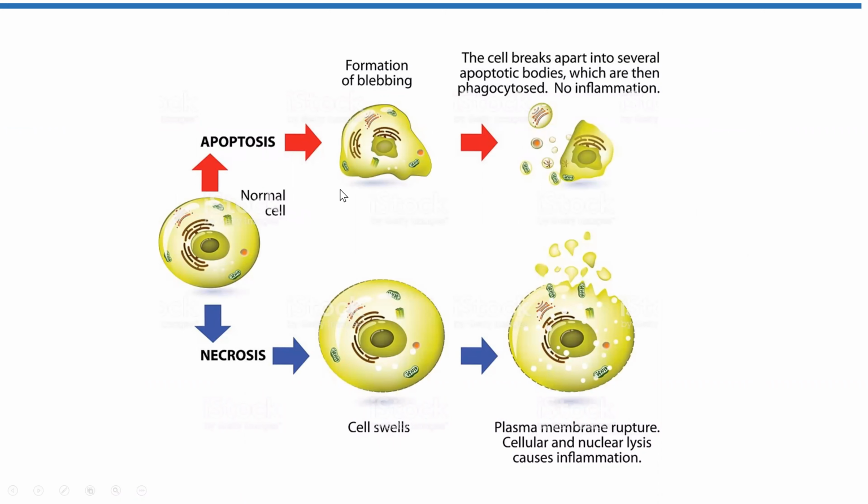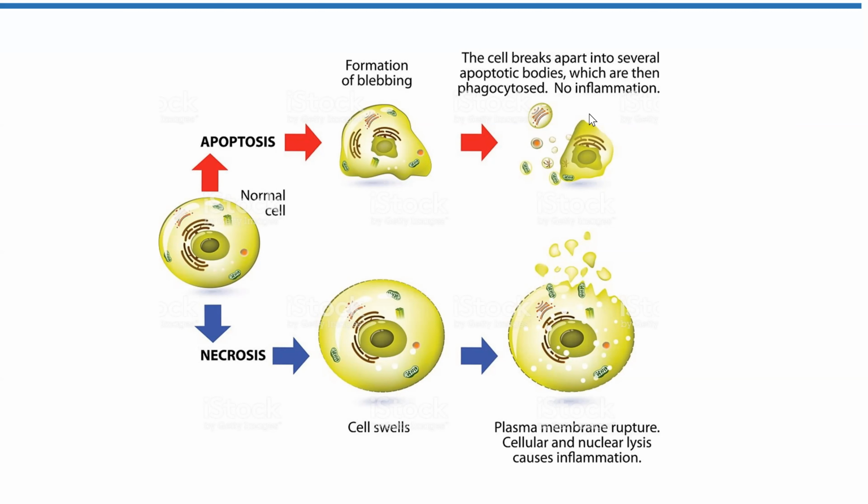So on this diagram, you can see 2 processes, apoptosis and necrosis. In the apoptosis, the cell actually shrinks, right? And no inflammation. It's blebbing. That means it's broken apart. It became smaller, and you can see some parts break off the cell.